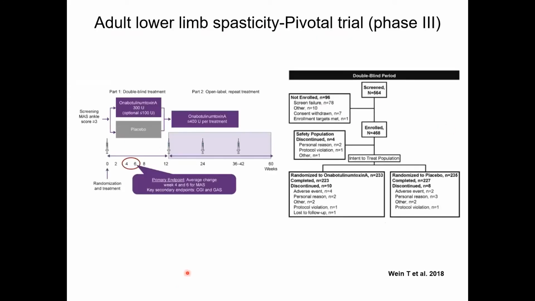After these phase 2 clinical trials, a phase 3 large multicenter sponsor-initiated trial was conducted to confirm the therapeutic efficacy and safety. The positive results of this phase 3 study led to Botox indication expansion to lower limb adult spasticity.